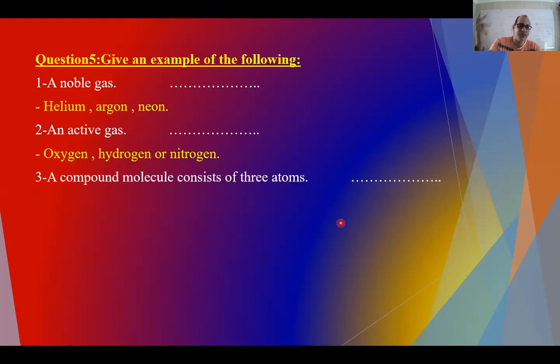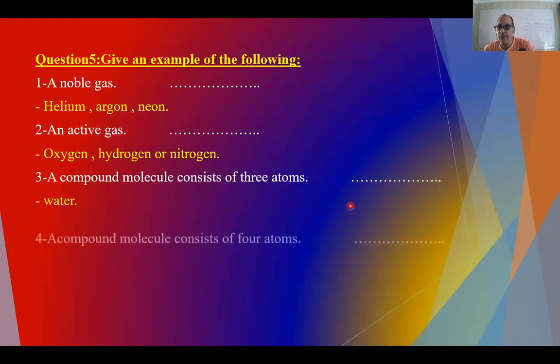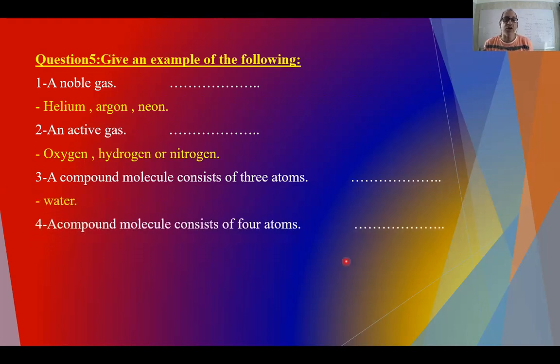One of the most famous compounds all over the world is H2O, 2 hydrogen and 1 oxygen, which is water. Number 4, a compound consisting of 4 atoms, one of the most famous being ammonia, NH3, 1 nitrogen and 3 hydrogen. Diatomic liquid. If we said monoatomic liquid, don't forget, it's mercury. But what about the diatomic? The diatomic is bromine.